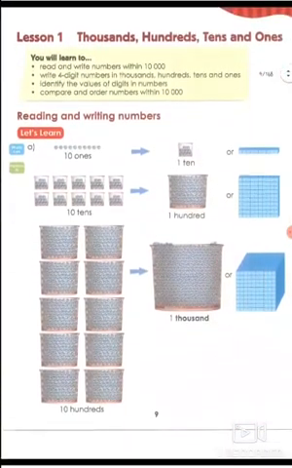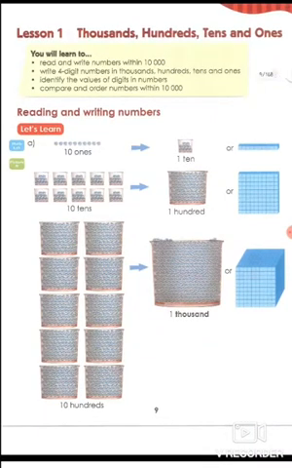Lesson 1. Thousands, hundreds, tens, and ones. You will learn to read and write numbers within 10,000, write 4-digit numbers in thousands, hundreds, tens, and ones, and identify the value of digits in numbers. Compare and order numbers within 10,000. So these are easy. 10 ones equals 10, or 10 blocks.